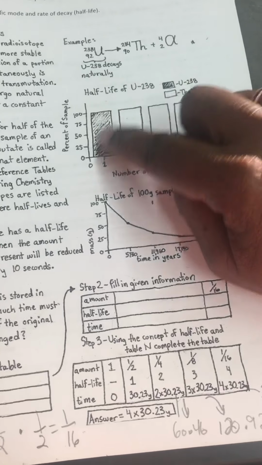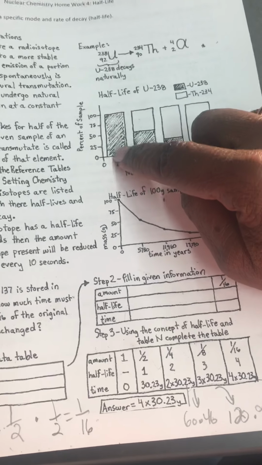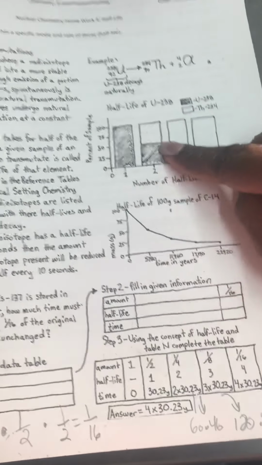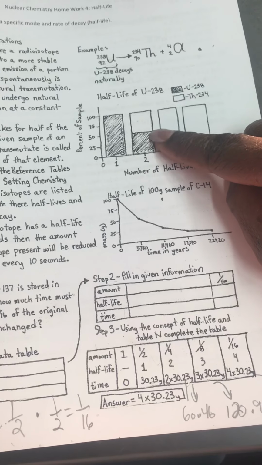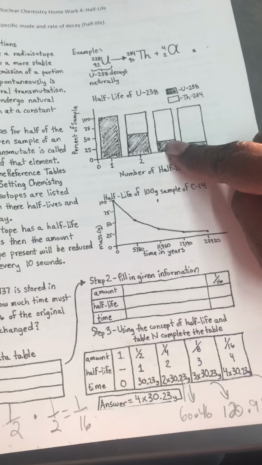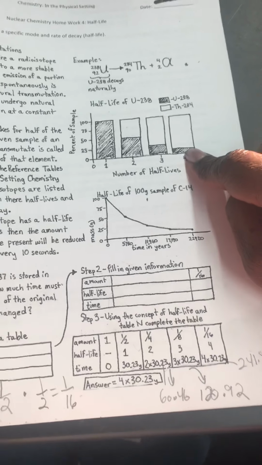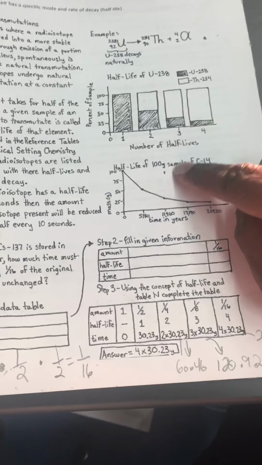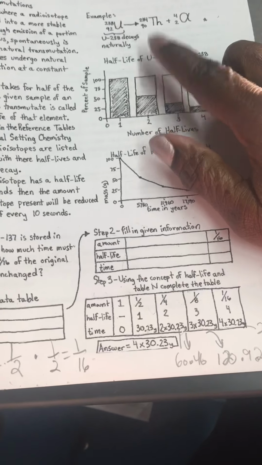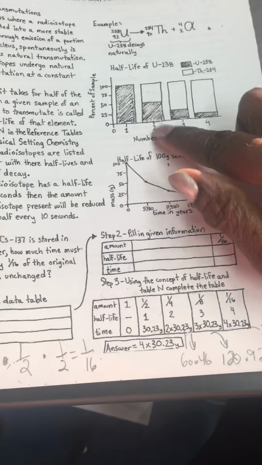So U-238, if I start with a 100% sample of a substance, I'm going to have half of that, which would be 50. After another half-life, I'm going to have 50% of that, which is now 25. Then after another half-life, I'm going to have half of that, which is 12.5. So every half-life, my sample will be cut in half.